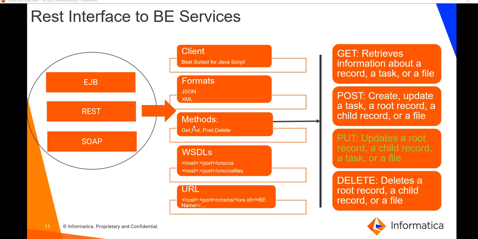The methods are pretty much standard for the REST protocol: get, put, post, delete. Get is used to retrieve the information about a record or a task or a file. Post is used for both create and update of a task or a root record or a child record, etc. Put, we do support for updating the root record or the child entities or the task.